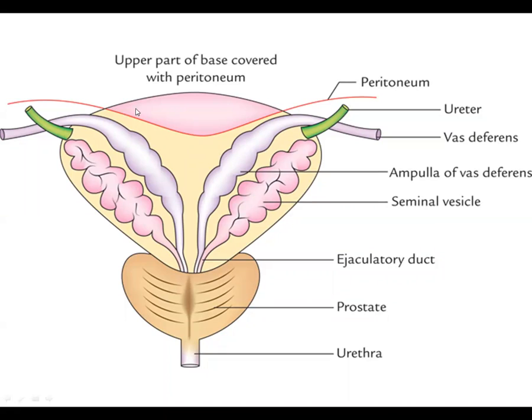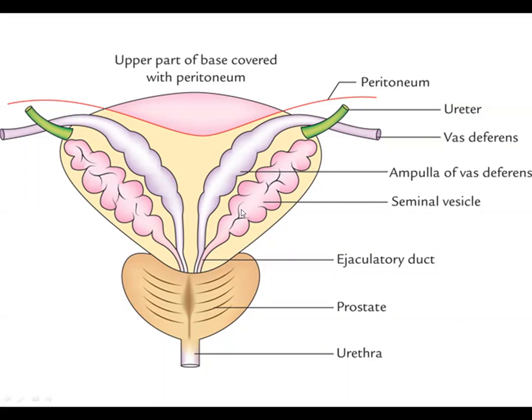So in both the males and females, the upper part of the posterior surface only will be covered by the peritoneum, and this will be reflected above as a pouch, and in that pouch there will be the coils of small intestine. So posteriorly the upper part is covered with the peritoneum. Then you can see there are two vasa deferentia. Okay, so these are the two vasa deferentia, and this is the seminal vesicle.